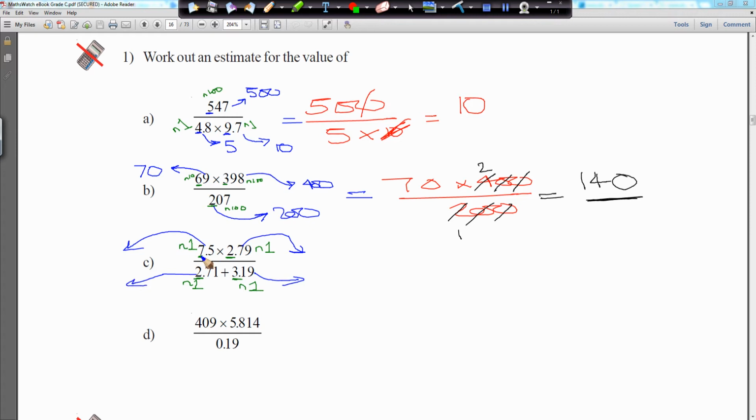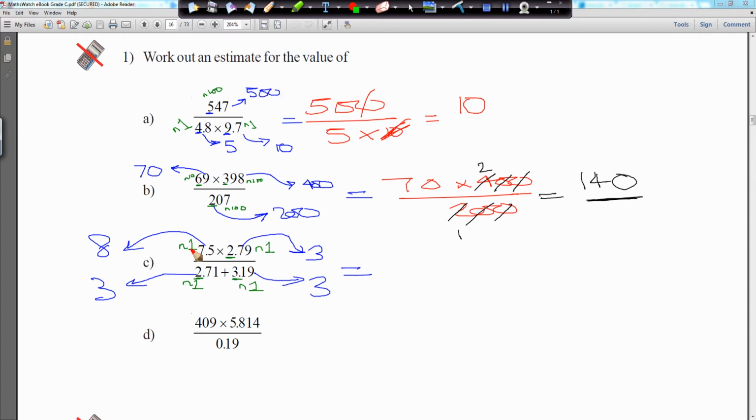Seven and a half is halfway between 7 and 8, so it becomes 8. 2.79 is very close to 3, so it's more than halfway. 2.71 rounds up to 3. 3.19 is closer to 3 than 4, so that stays as 3.